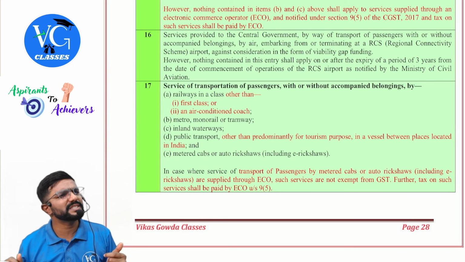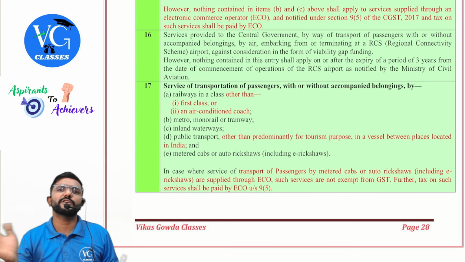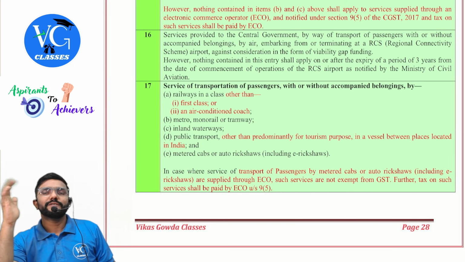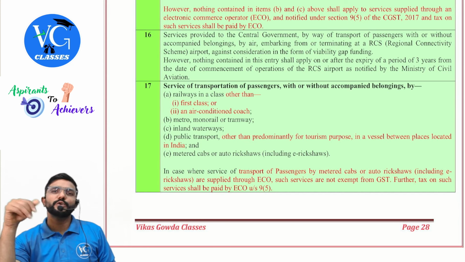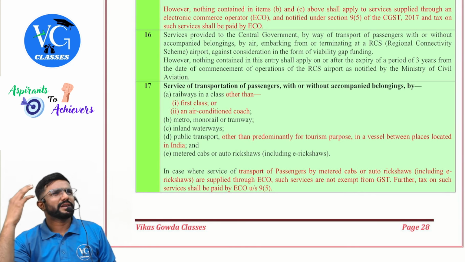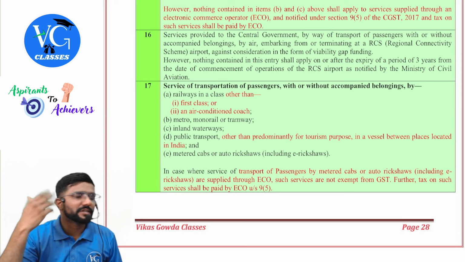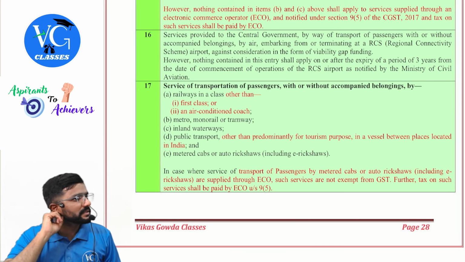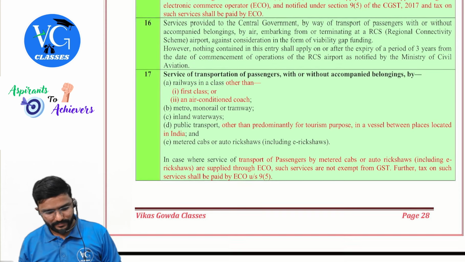If it is for tourism purpose, is it taxable? Yes. In a vessel from one place to another within India. For example, sir, I am going in a ship or boat from Tamil Nadu to Lakshadweep. Is it exempt, sir? No, it is taxable, guys.